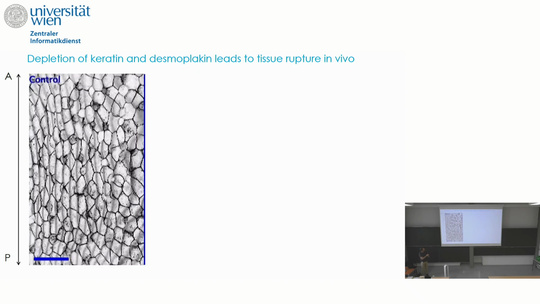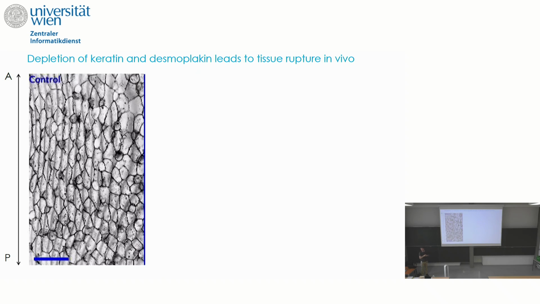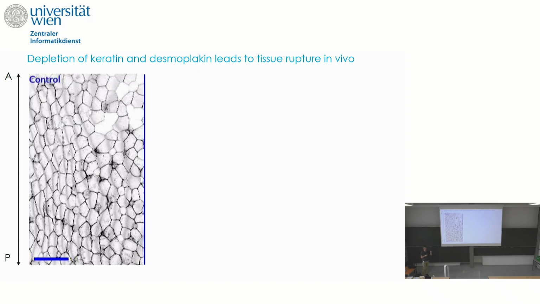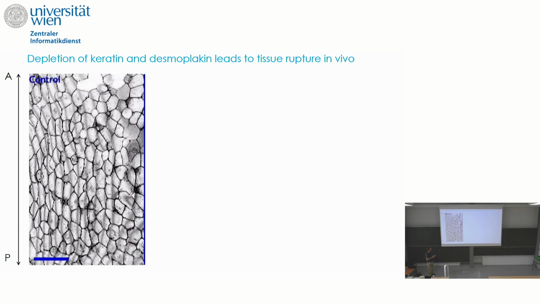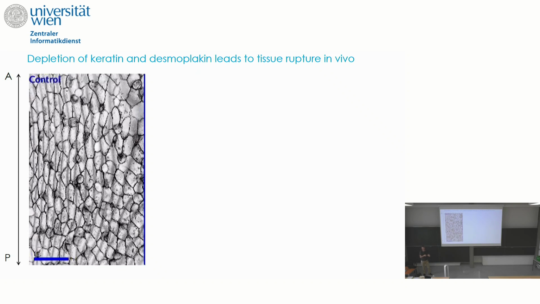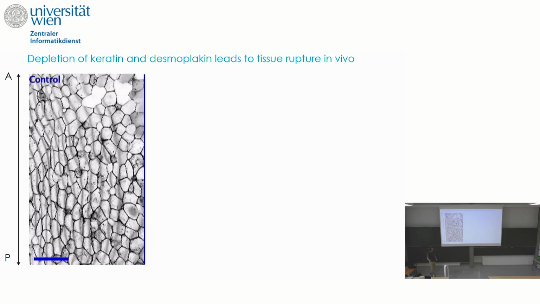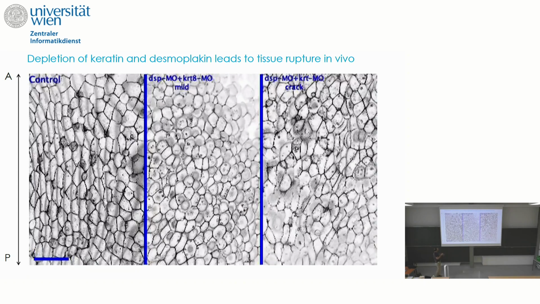And what our collaborators did is that they then disrupted the network of keratins and desmoplakin by injecting morpholinos into these embryos, so that they now only express very little keratins and very little desmoplakin. And in this case, we saw two different phenotypes.